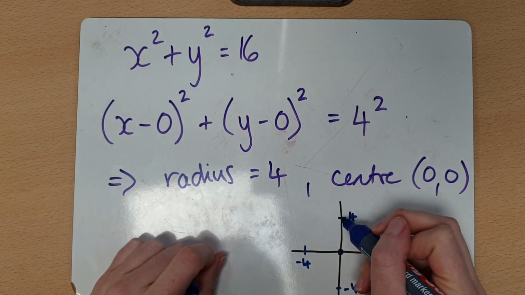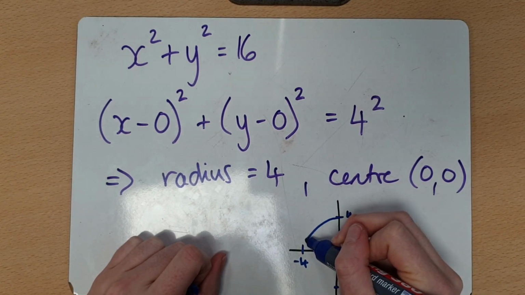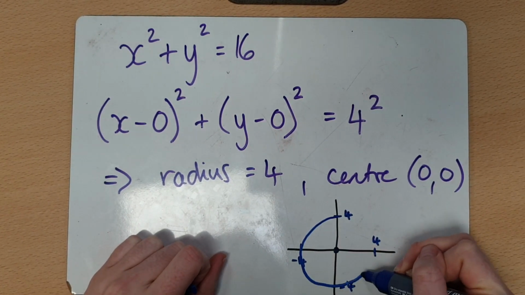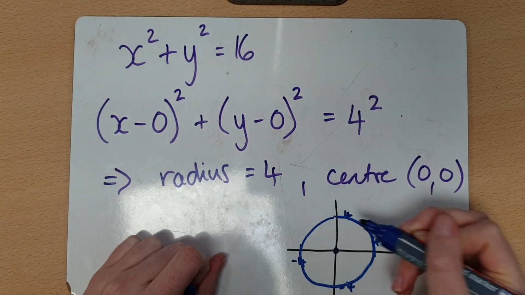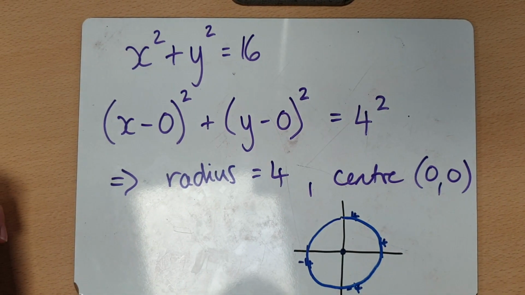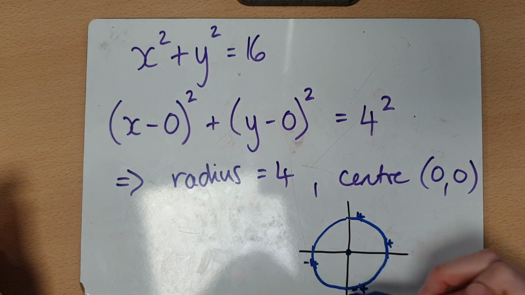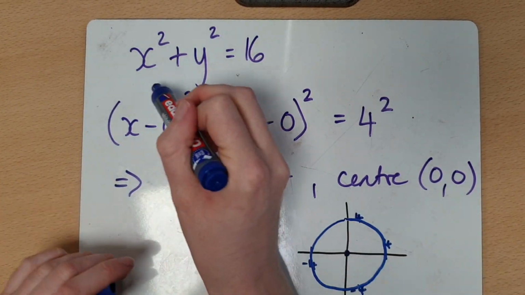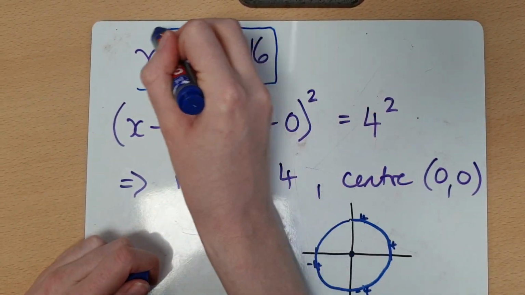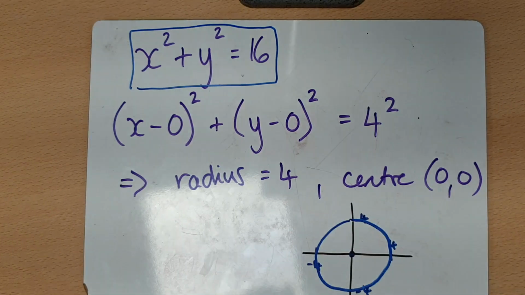So then if I join that expertly with a circle, that's not that bad. So that is the circle that we would plot from this original equation.